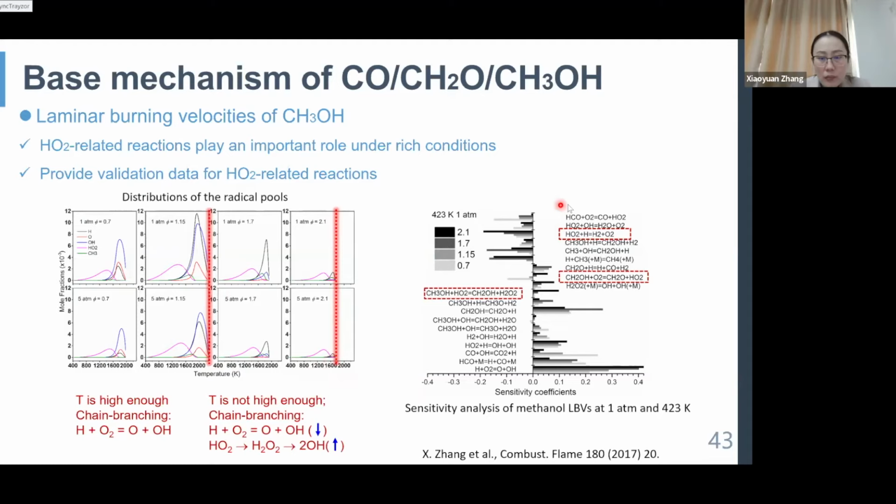When we perform the sensitivity analysis, we also found that under ultra-rich conditions, the HO2 related reactions become more sensitive and important. So the experimental data obtained under ultra-rich conditions can provide valuable validation data to constrain the HO2 related reactions.